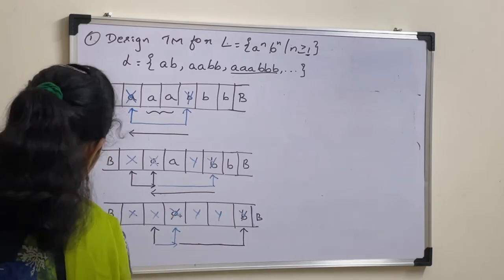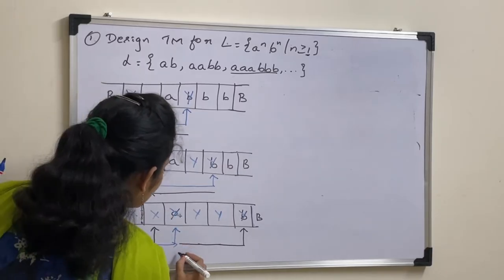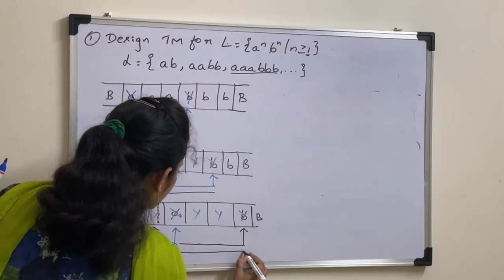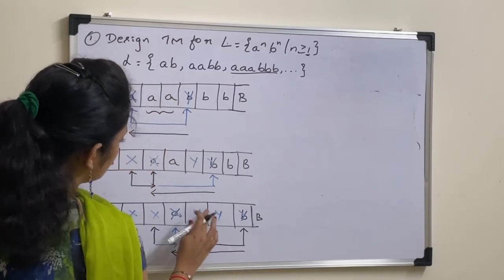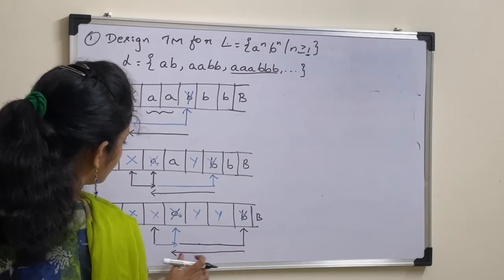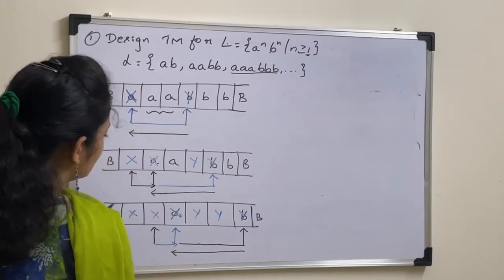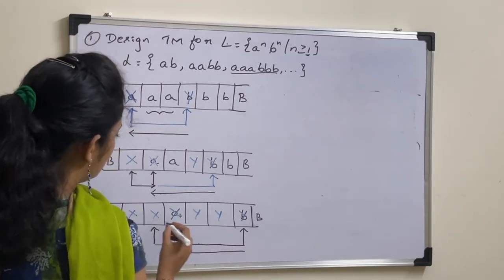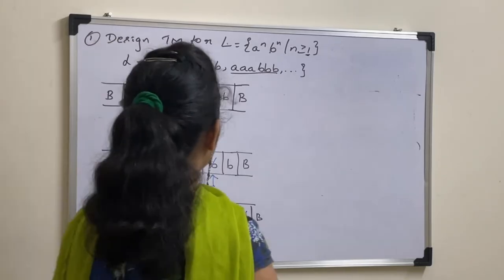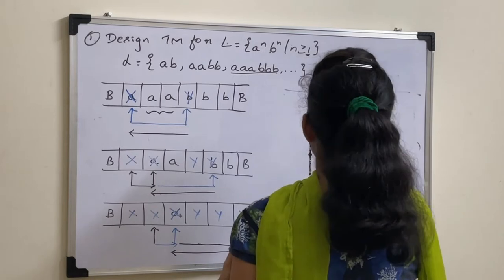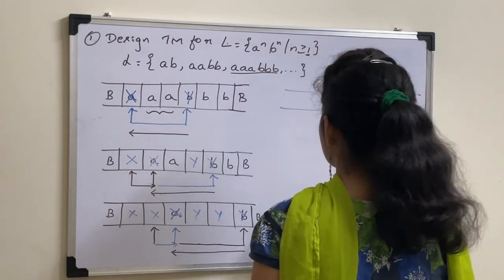After marking this with Y, again you need to come back till X. In between you have Y's, so don't perform any operation on them. You can just directly come till X. Let us draw this final tape like this.